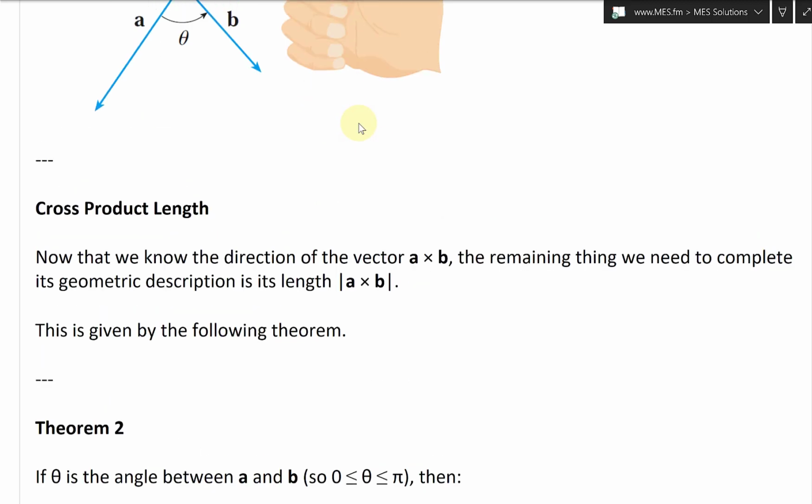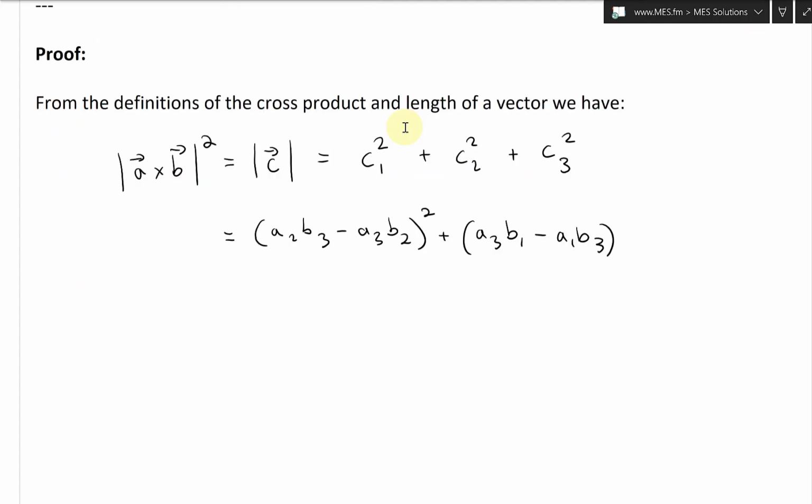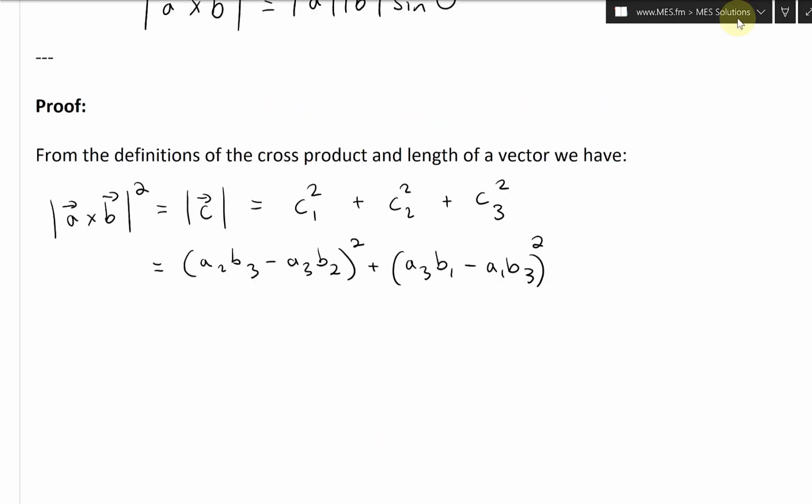Again, just multiply that negative inside. Same thing as here. So we'll have this positive A3, B1 minus A1, B3 once you get rid of this negative there. But anyways, it doesn't change much because you're squaring it. So we have squared like that.